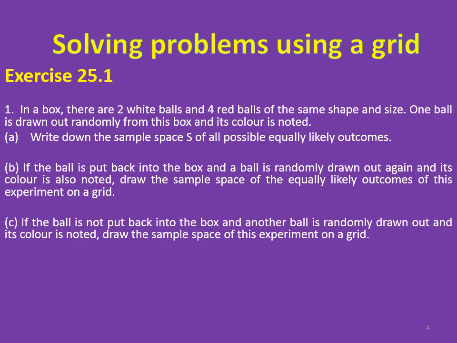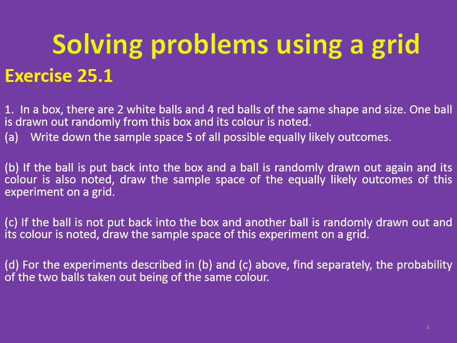Part C. If the ball is not put back into the box and another ball is randomly drawn out and its color is noted, draw the sample space of this experiment on a grid. Part D. For the experiments described in Part B and Part C above, find separately the probability of the two balls taken out being of the same color.